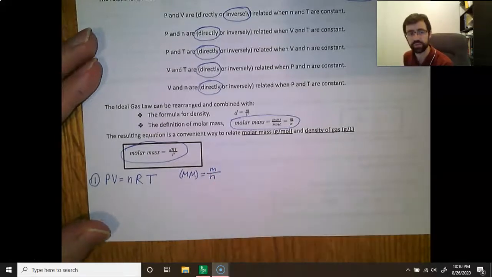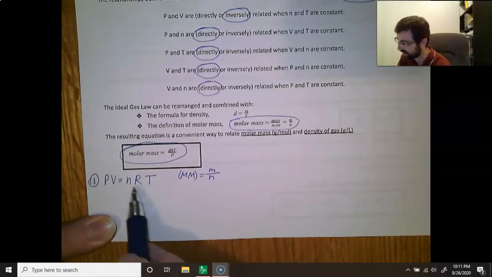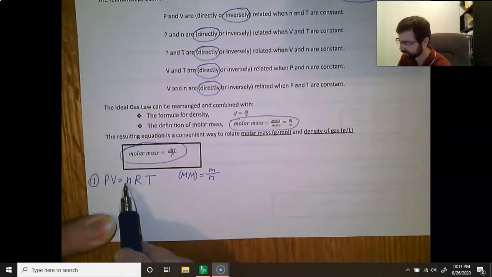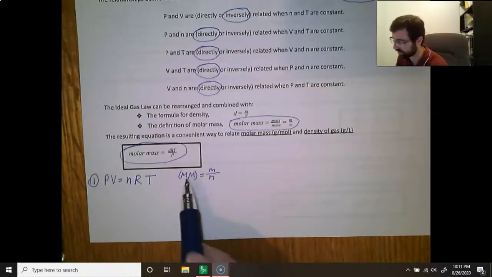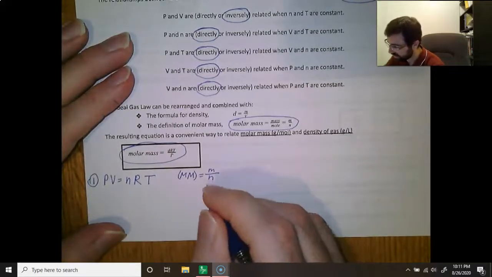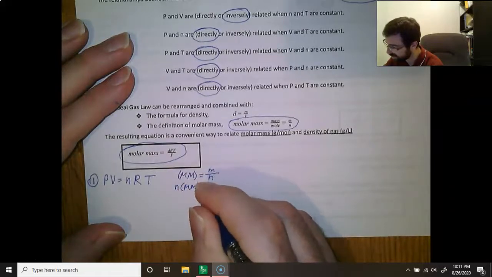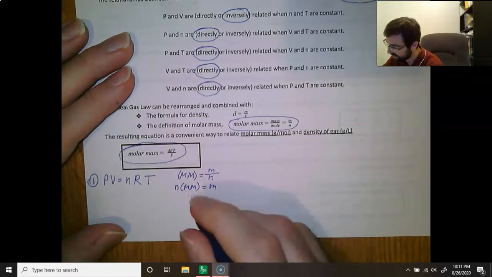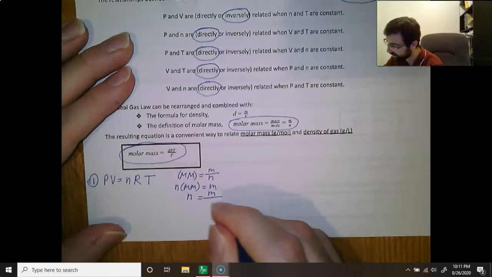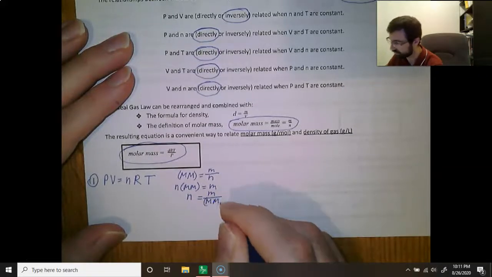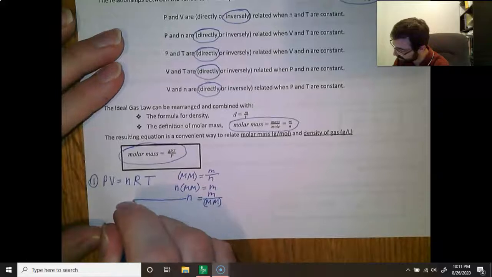Now I want to find out what n is equal to if I rearranged this equation. n times molar mass equals mass, and n equals mass divided by molar mass. All right, so that's what n looks like.